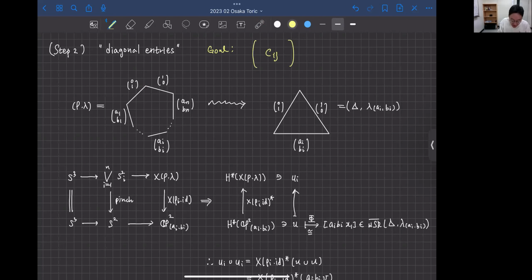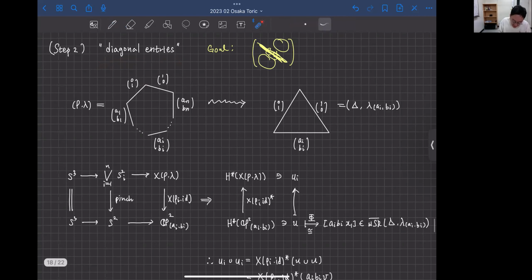So first we look at the diagonal entries of this coproduct representation, and step 3 will be the computation of the off-diagonal entries. For the diagonal entries, we use this edge contraction from the arbitrary characteristic pair to the characteristic pair of the triangle.